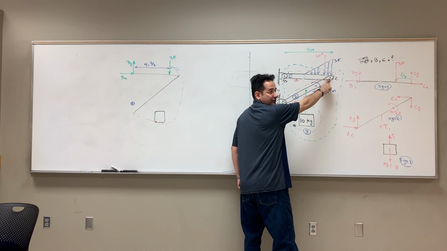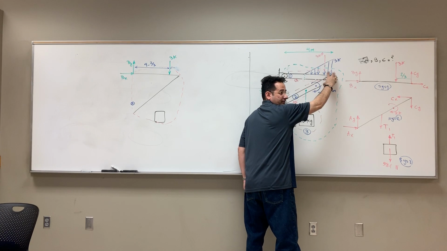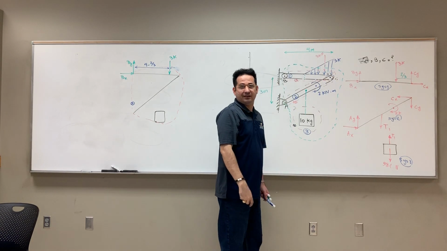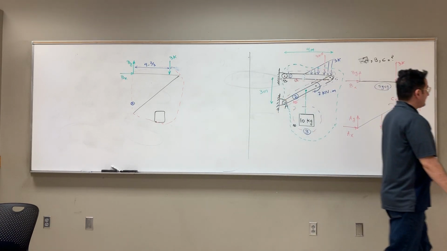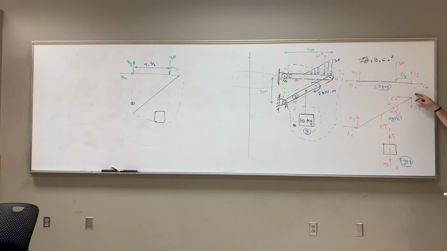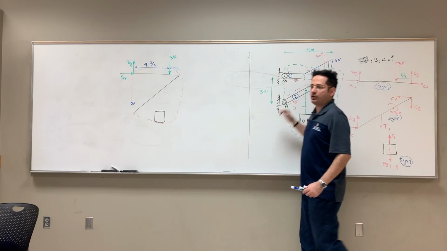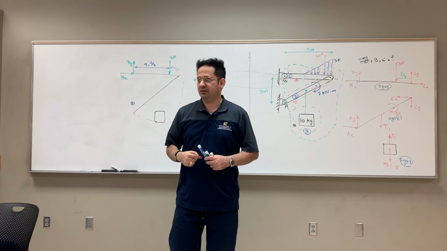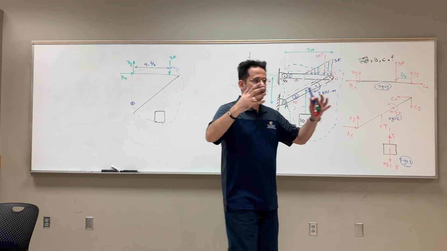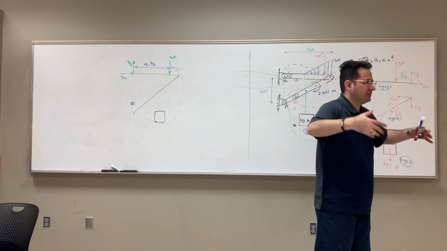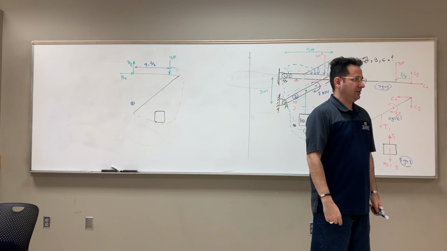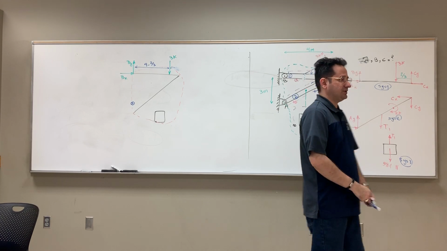Look, this is now inside my system. You see that? The Cx and Cy that we had here are inside the system, because my dash line goes around them. The interior forces, whatever is inside, we don't care because they cancel out. We're just getting the forces that come from the neighbors to the system, the exterior forces coming to the system.